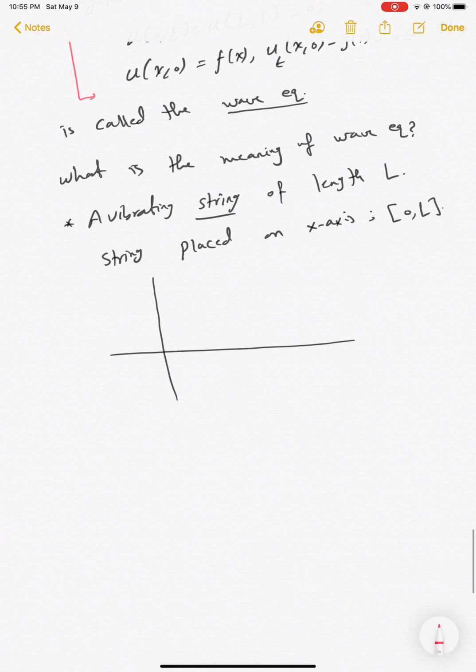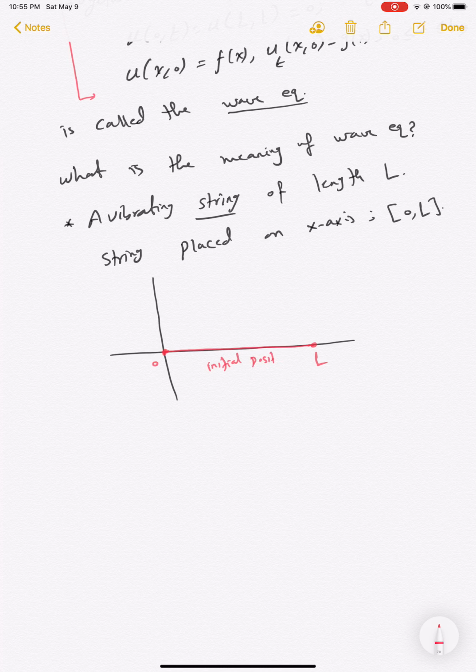You have a string of length L. It is fixed on the boundary, so this is 0. This is the length L. For example, the length was 5, the length was 10, and so on. Now, you have a string. For example, let's say this was the initial position.